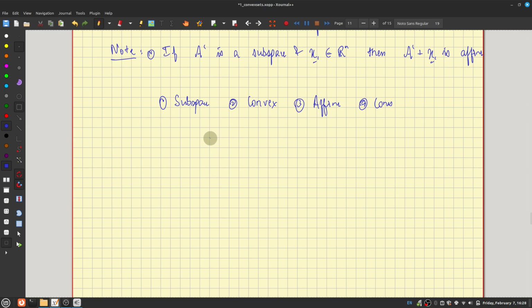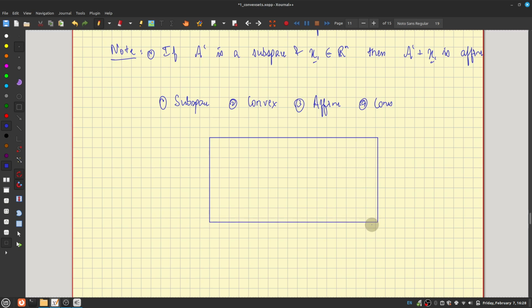So let's try to look at this class of all sets. Now in this, somewhere over here is, let me say, the space of all convex sets.